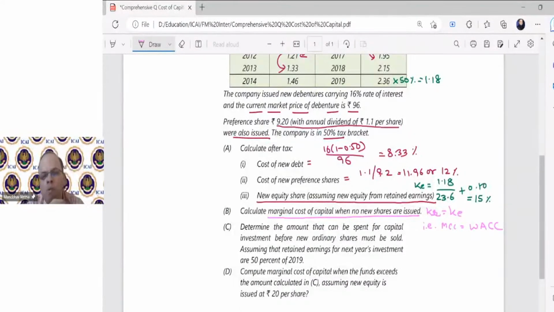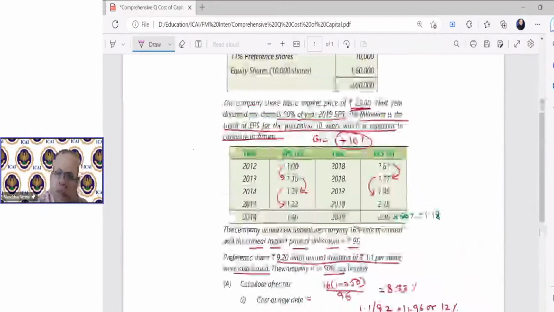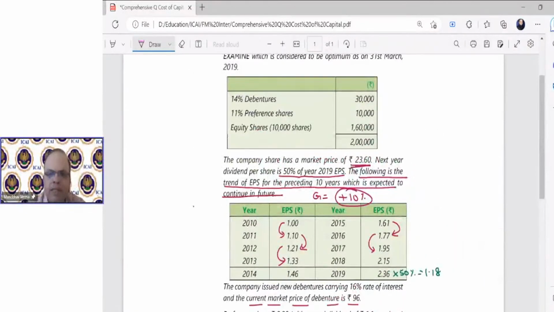Yes or no? All okay? And do we have the weights here? Yes, we have them in the question itself. We have 14% debentures, 30,000. We're talking about 11% preference shares, 10,000, and equity shares, 1,60,000. Everyone with me on this?